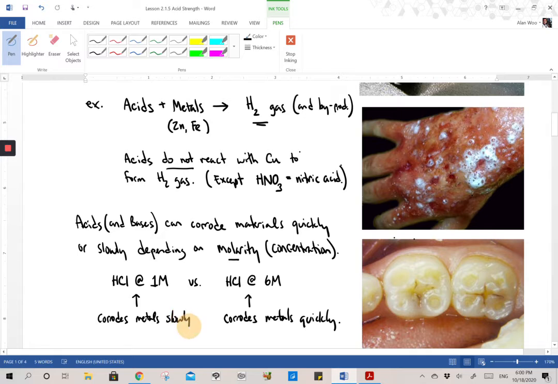They both corrode, but based on their molarity and concentration, the speed is affected. Typically we do say that if you have greater concentration, it's a stronger acid, so the strength of the acid is much more compared to a 1 molar.